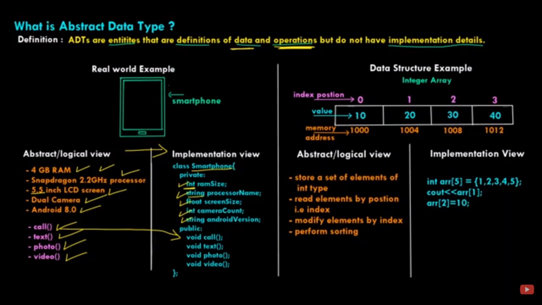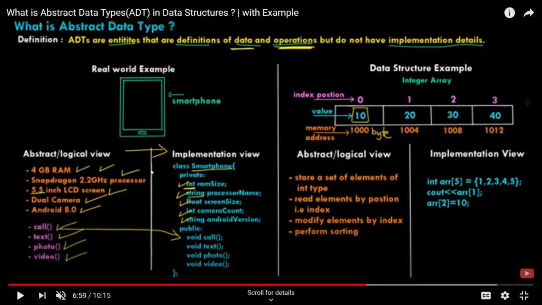So in the abstract view, we can see store a set of elements of type integer. So integer type, how the values are stored. So here 10 is stored in the index position 0, and 20 is stored in the index position 1, 30 is stored in the index position 2, and 40 is stored in the index position 3.